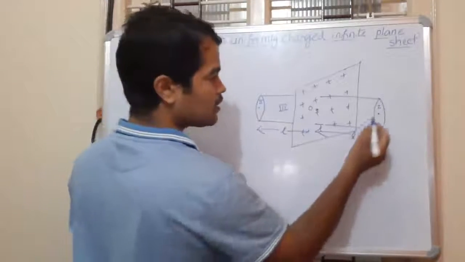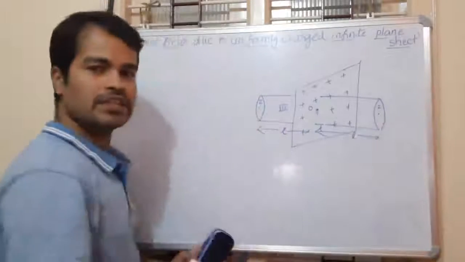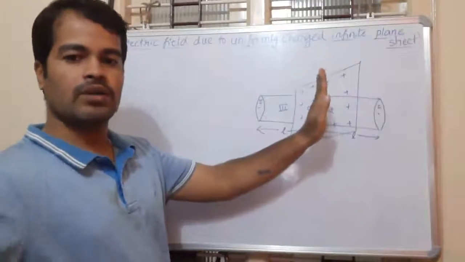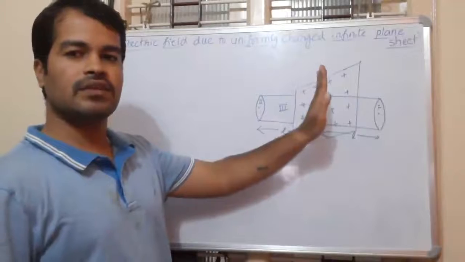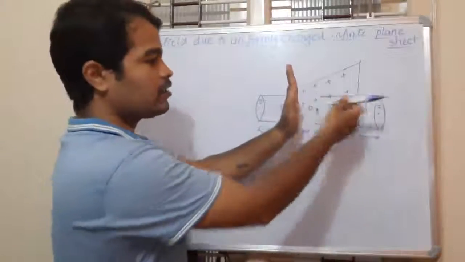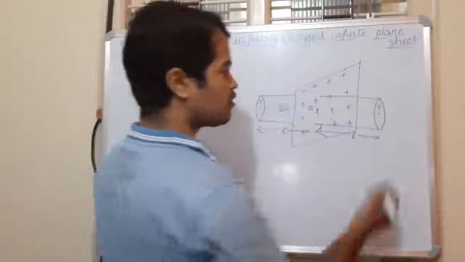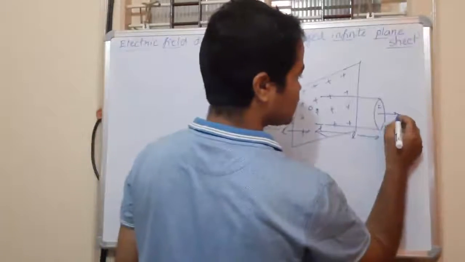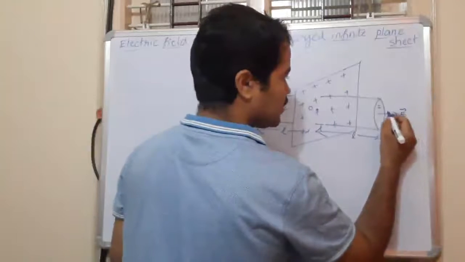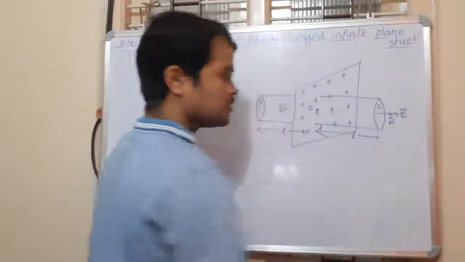Now look at the electric field for the first one. This plane sheet is like this, perpendicular to the board. The direction of the area vector is like this, and the electric field is also in the same direction. Here also, the electric field is in this direction and the area vector is in the same direction.